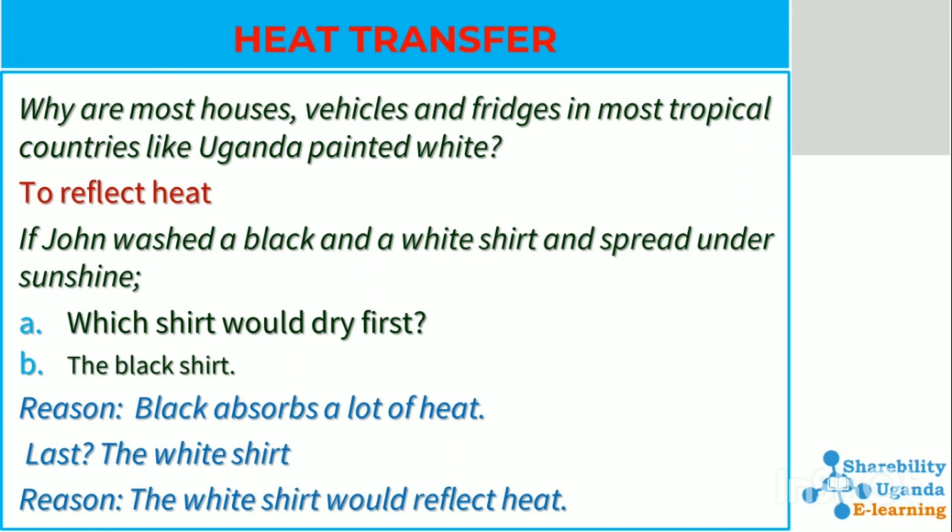Uganda lies in the tropical region, and they're asking us why most houses, vehicles and fridges in tropical countries like Uganda are painted white. Remember, we said white and shiny surfaces reflect heat, therefore they are painted white to reflect heat.